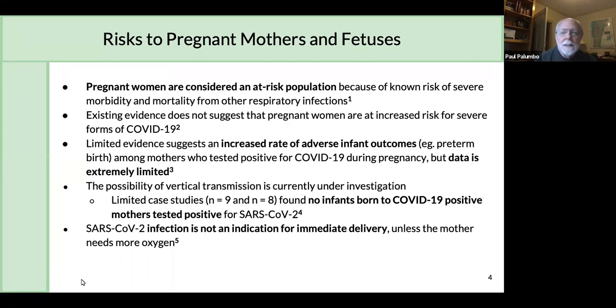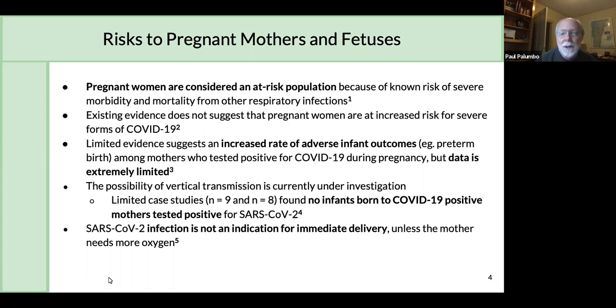The other area of concern is vertical transmission, which is currently under investigation. There are limited case studies, primarily out of China, which, as you know, was the leading edge of this pandemic. They found no infants born to COVID-positive mothers who tested positive for SARS-CoV-2 or this COVID virus in the immediate newborn period.